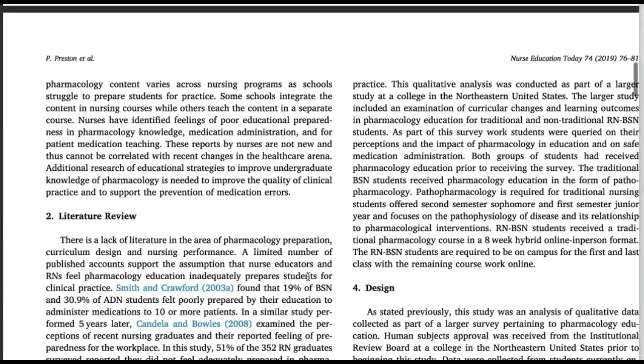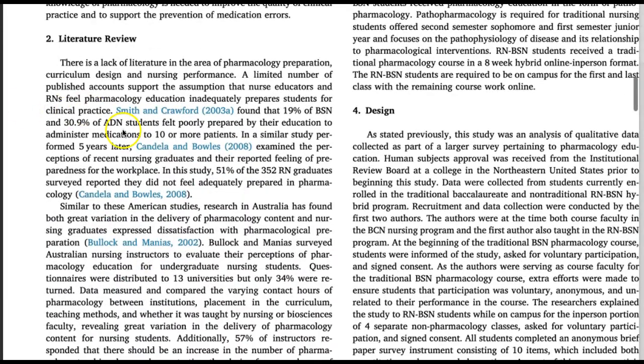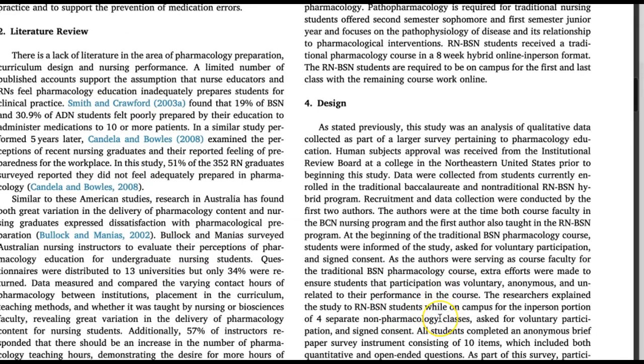So let's scroll down a little bit. You've got a nice literature review section that you would critique about how many works were discussed, what year range the authors wrote from, and what the subject matter generally was in the literature review section. Your design section is more detail about specifically how the study was conducted.